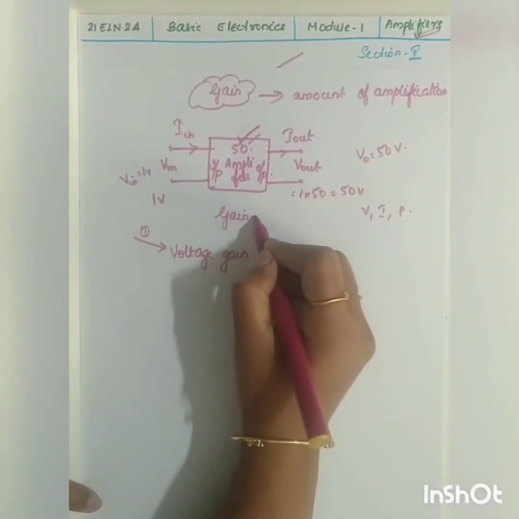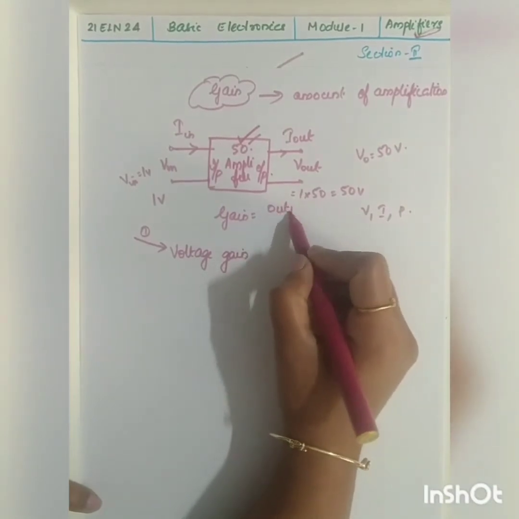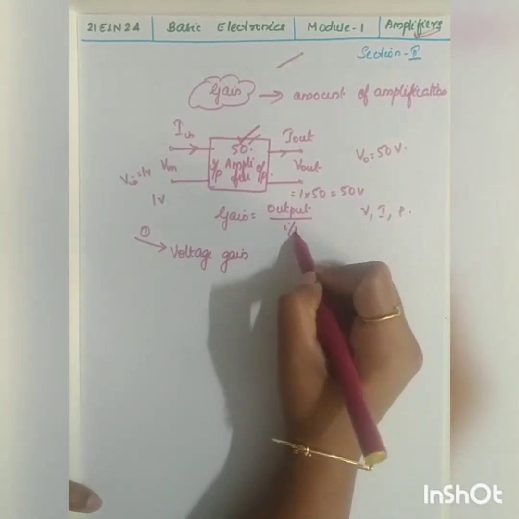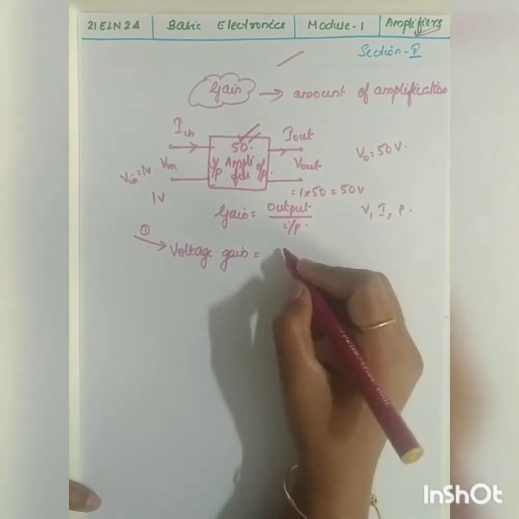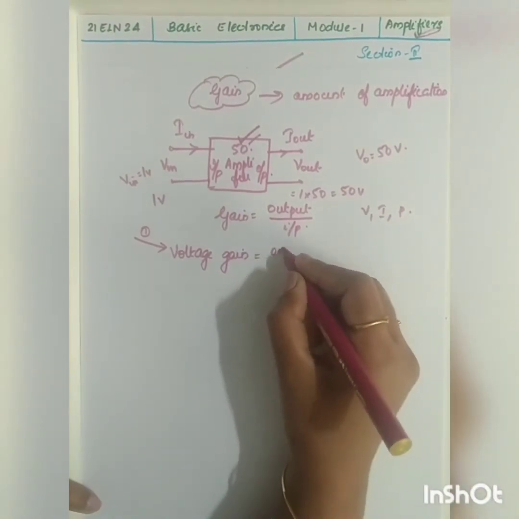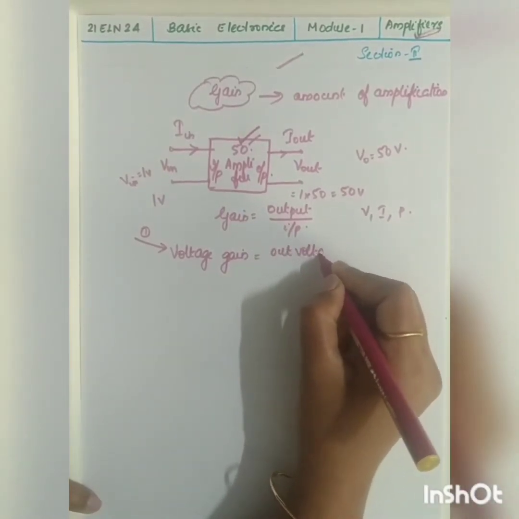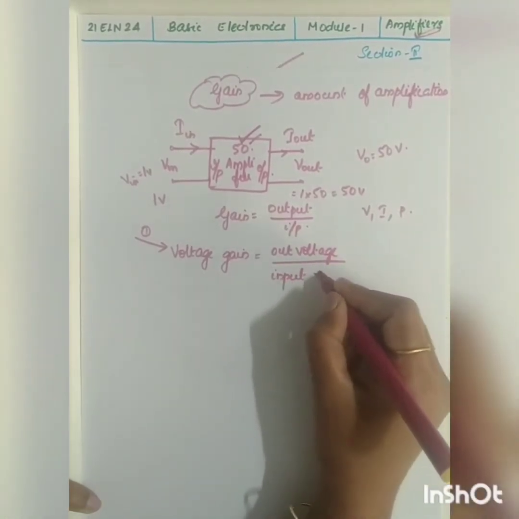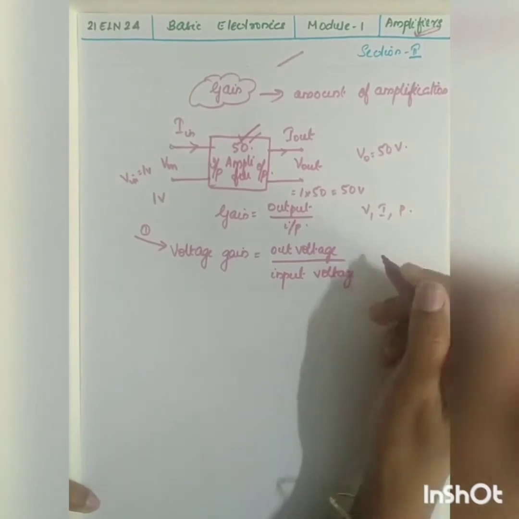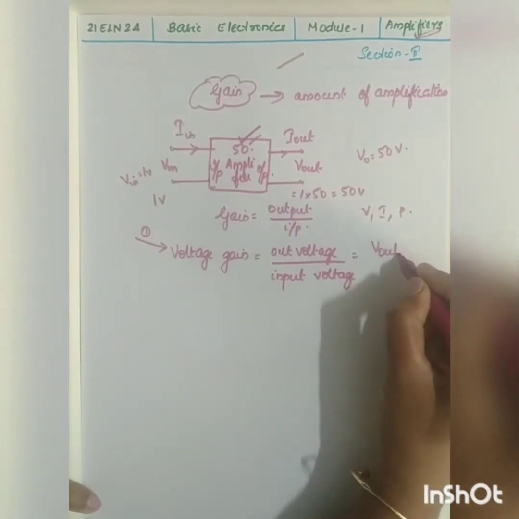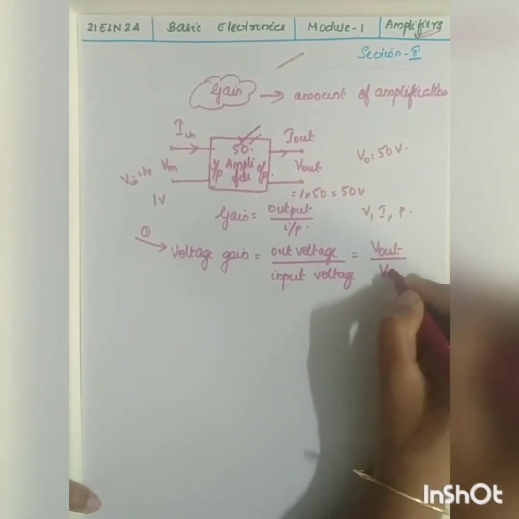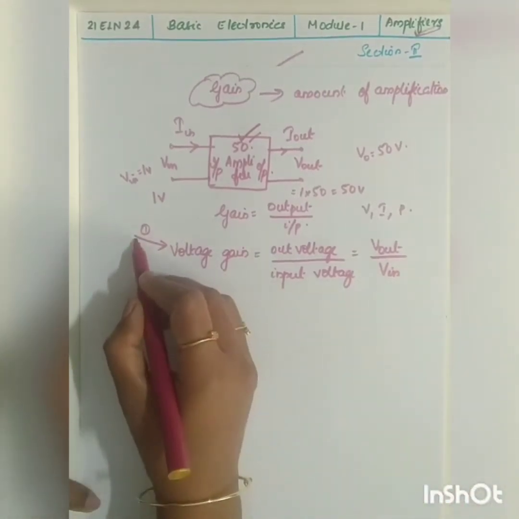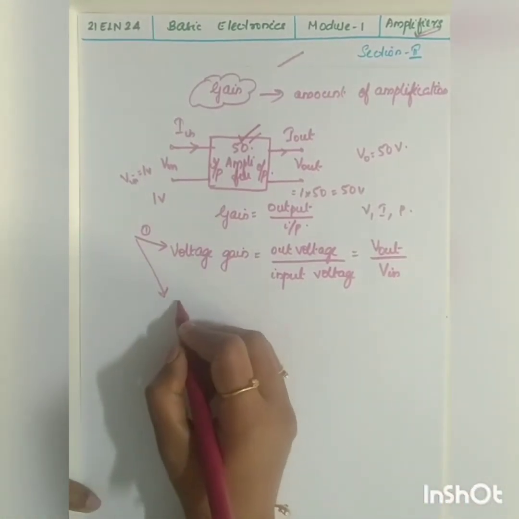Gain in general can be defined as the ratio of output to input. So voltage gain is the ratio of the output voltage to the input voltage. If I take output voltage as V out and input voltage as V in, then voltage gain will be equal to V out divided by V in.